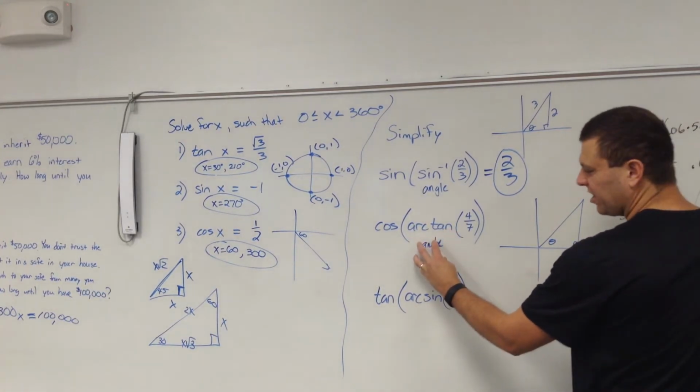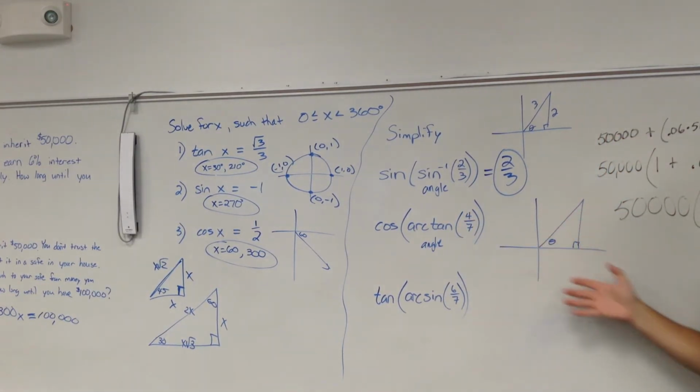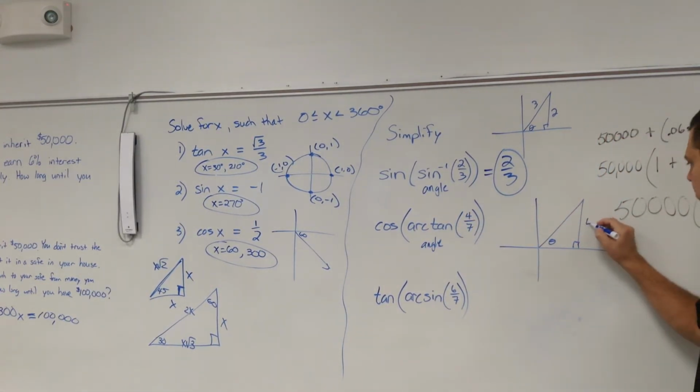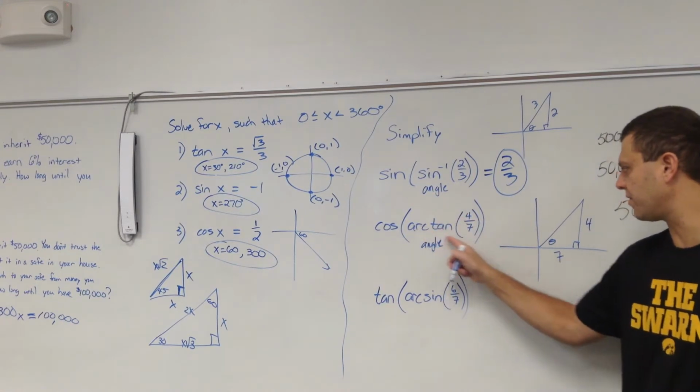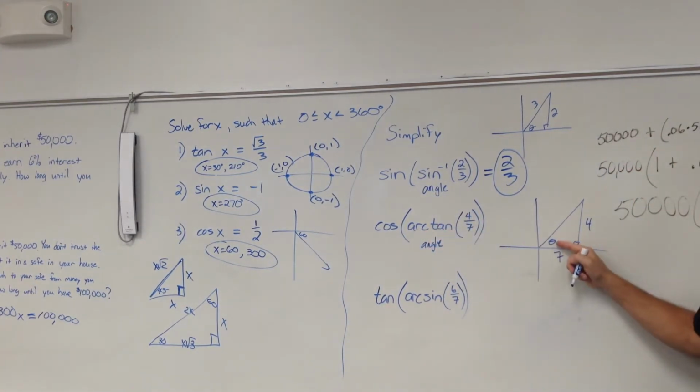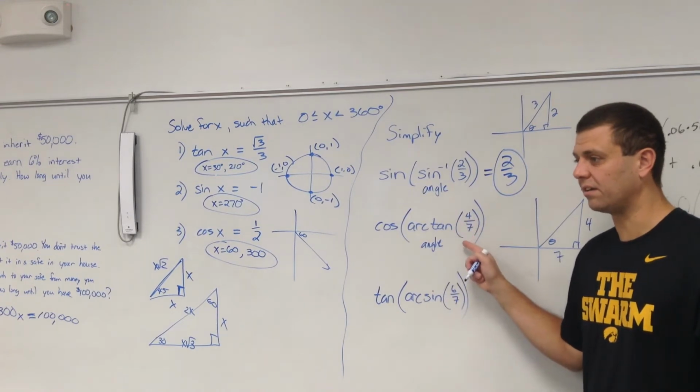We know that this angle has to have a tangent value of 4/7. So how could I label this? Opposite over adjacent, so 4/7, right? If I did arctangent of 4/7 on my calculator, that would give me the value of this angle right here. Do I care about the value of that angle? No, because I'm going to go find the cosine of that angle.